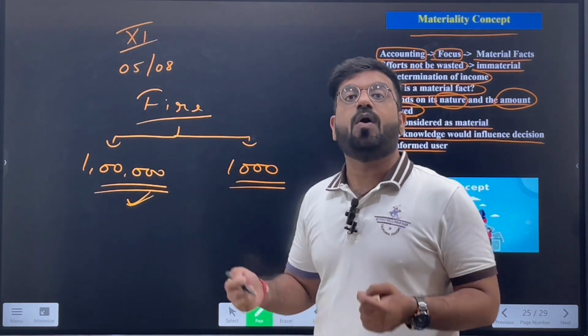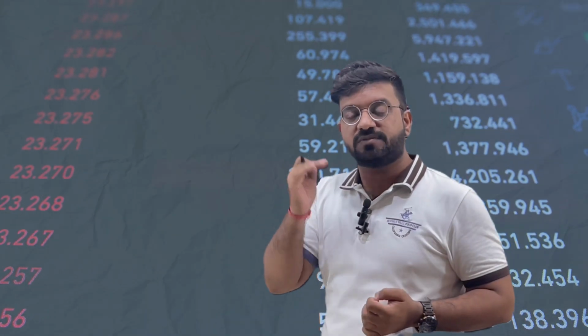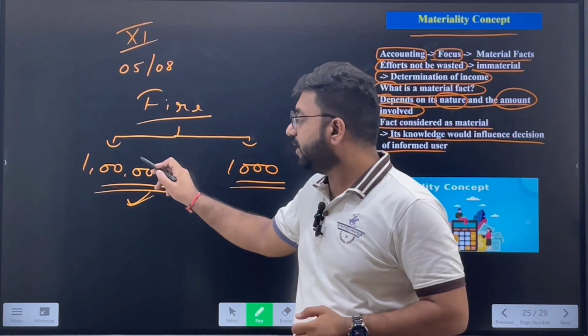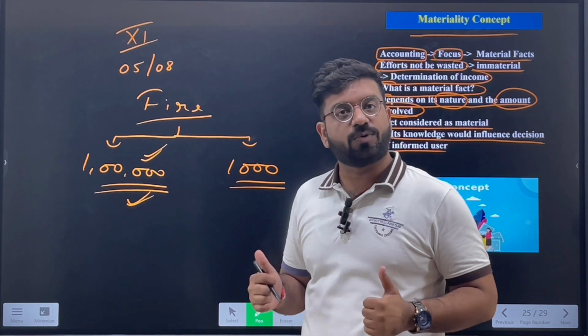Why? Because the amount involved is huge. This might alter the decision of the informed users. The users might not invest, or might invest low, or might invest more, depending upon the situation the company is telling to the users. Is that okay?